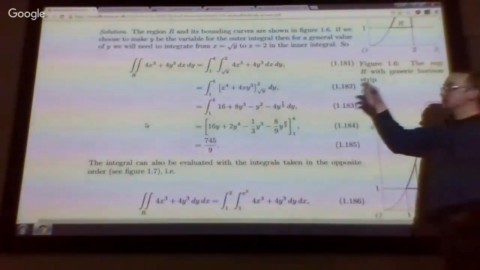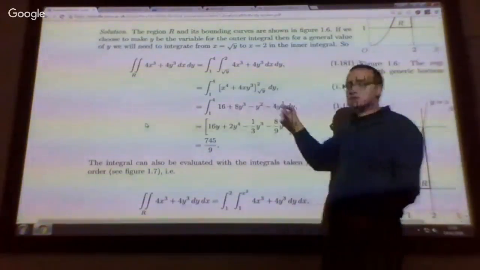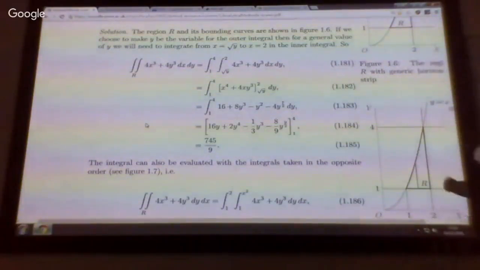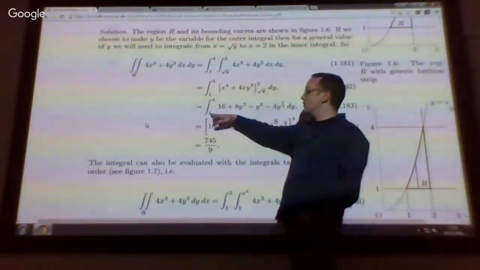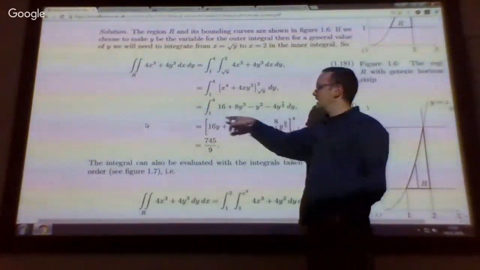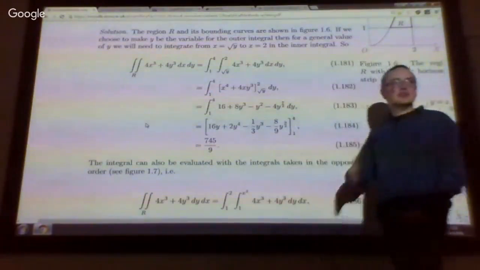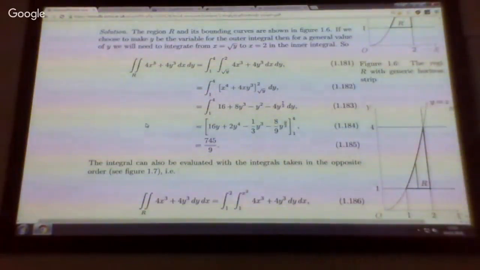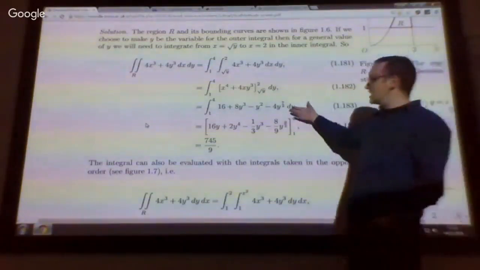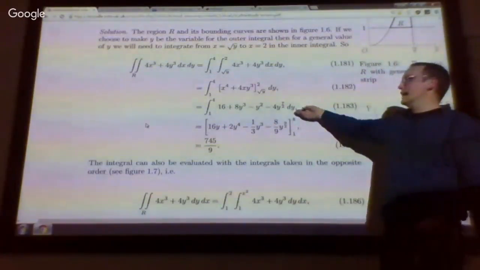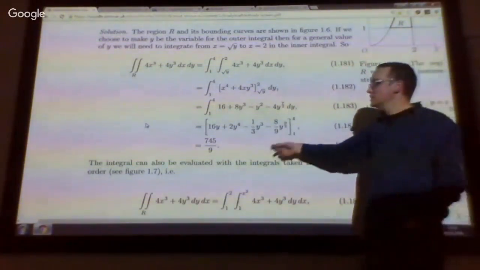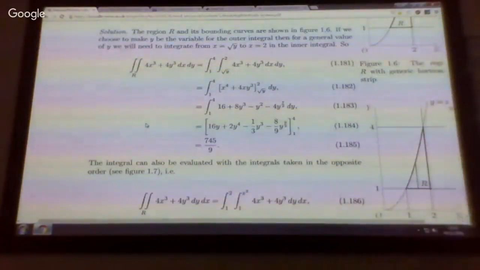So it's not surprising that this area has a dependence on y. And then it's more straightforward from that point on. We're just integrating this cross-sectional area from y equals 1 up to 4, summing up all the areas of those cross-sections to get the actual volume of the cylindrical region. So you perform this integration in the normal way for an integral of a single variable function to bring you to the total integral, 745 minus.